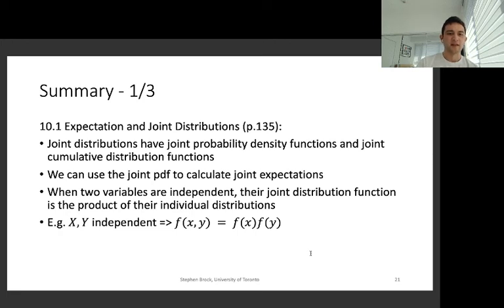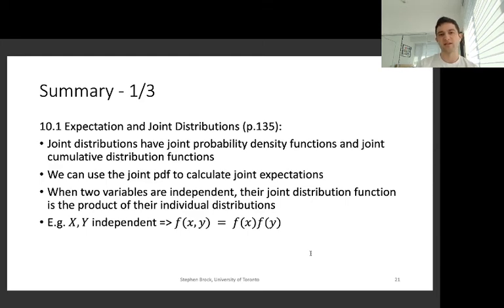So section 1 talks about expectation and joint distributions. That's on page 135. When we're talking about expectation and joint distributions, what this means is that joint distributions have joint probability density functions, just like single random variables have probability density functions, right? And they also have joint cumulative distribution functions.